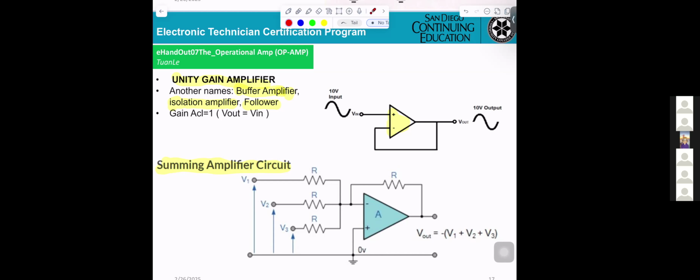Okay? So any question regarding the isolation amplifier? Okay, if not, we go into another one, the summing amplifier.